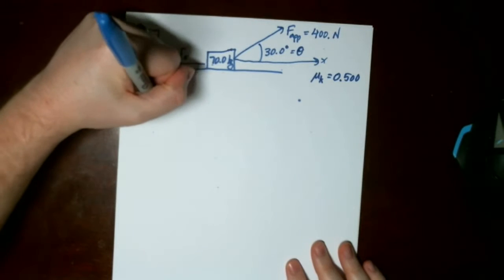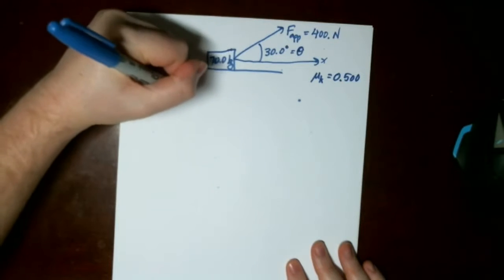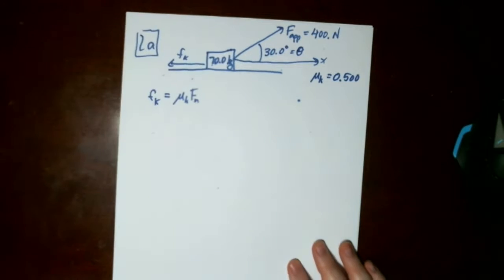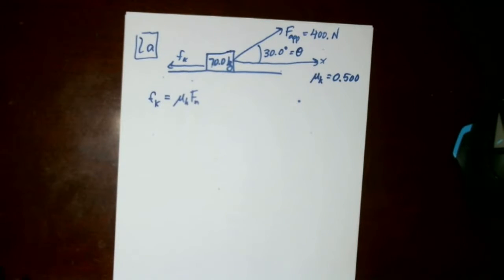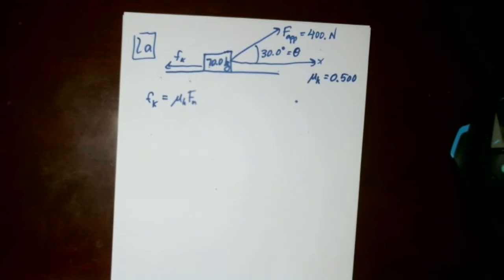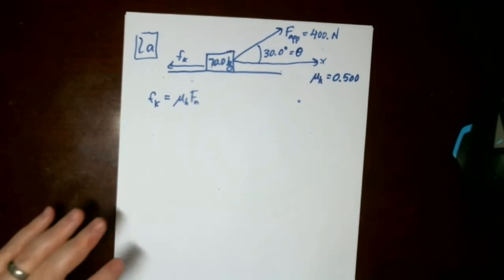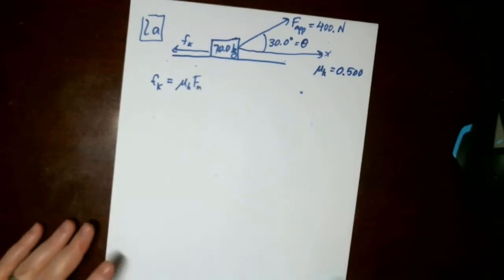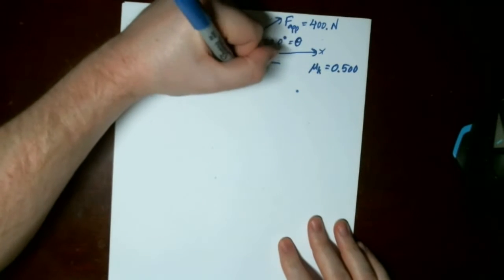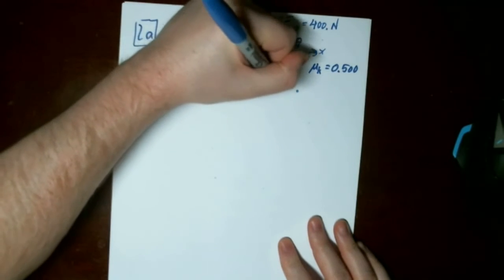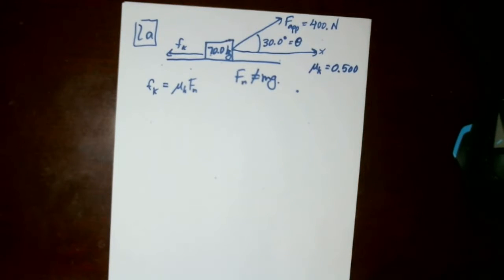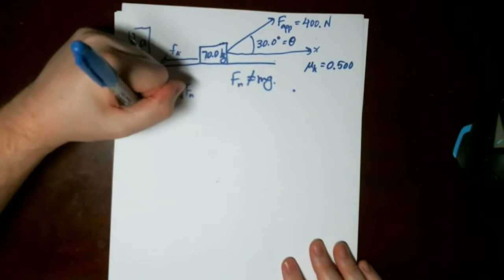Remember, friction force is just mu sub k F n. But because our applied force is at an angle, there is a non-zero y component, and that's going to affect the value of the normal force. In this case, the normal force is not just going to be mg.